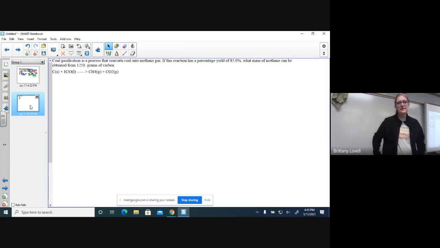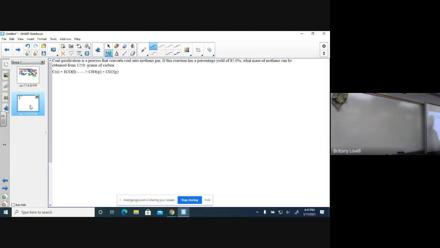It says coal gasification is a process that converts coal into methane gas. If this reaction has a percentage yield of 85%, what mass of methane can be obtained from 12.50 grams of carbon? Okay. And so they give us our formula. I'm going to make it a little bit bigger just because I want to be able to balance it if I need to.